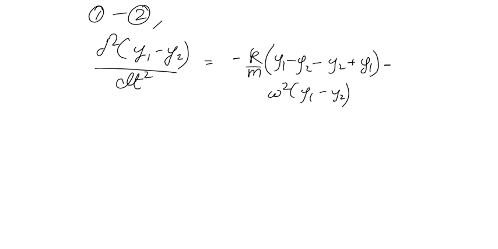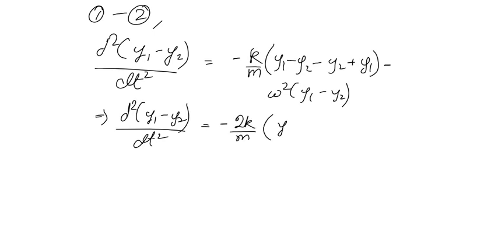So we can find that d squared (y1 minus y2) by dt squared is equal to minus 2k by m (y1 minus y2) minus omega squared (y1 minus y2). We can find this, right?